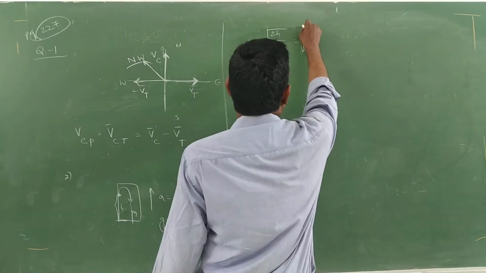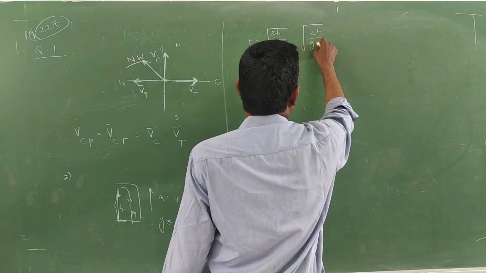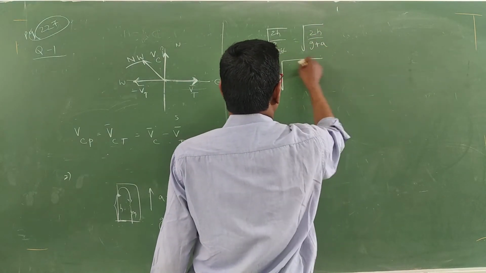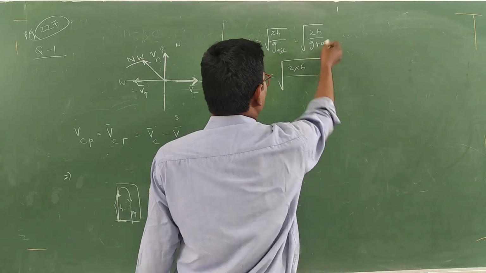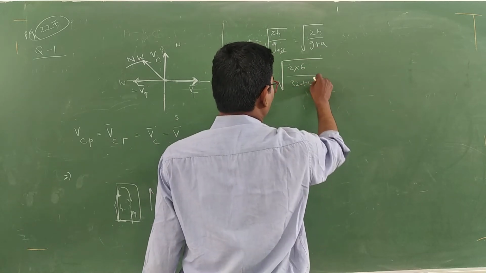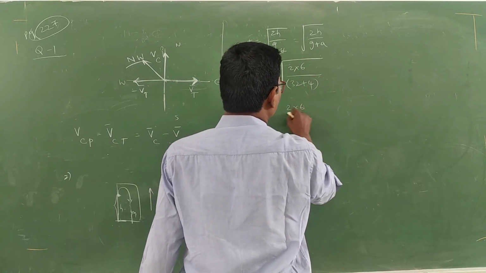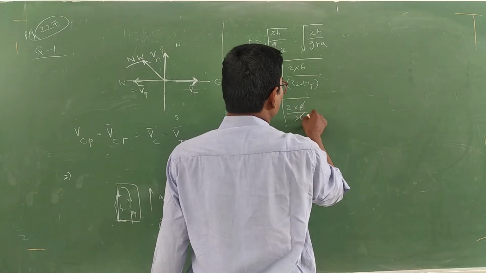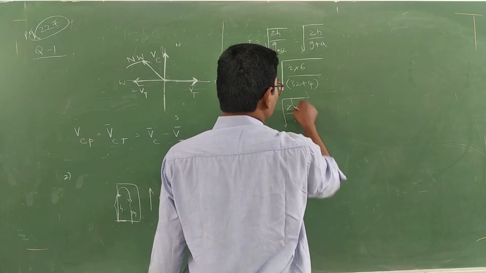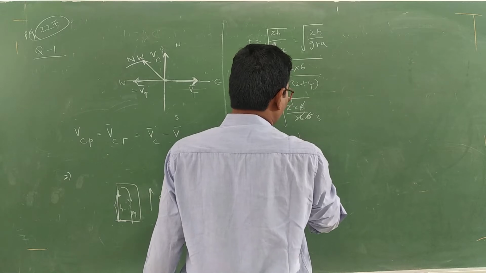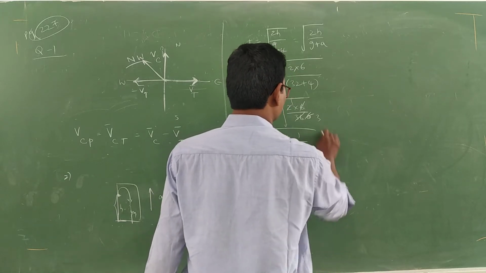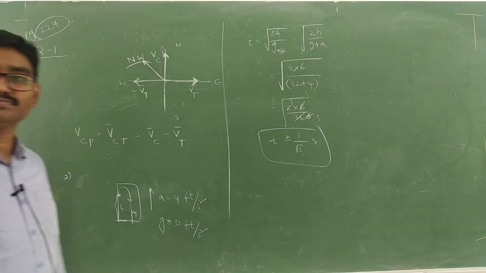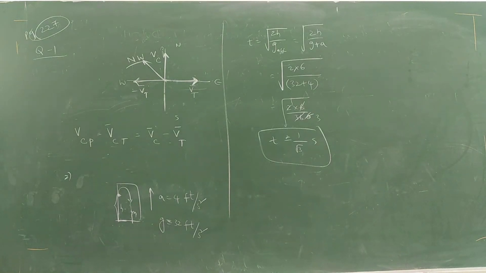So now the answer is root of 2h by g plus a. 2 into h is 6 feet, g 32 plus 4. How much? 2 into 6 by 36, which is 1 by 3. You get 1 by root 3. That is the answer, seconds. Okay. Next.